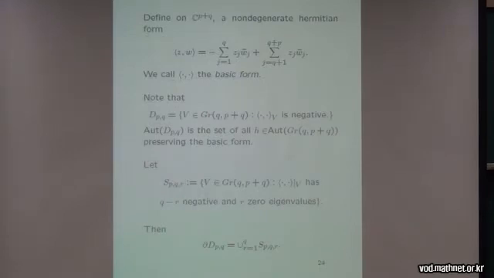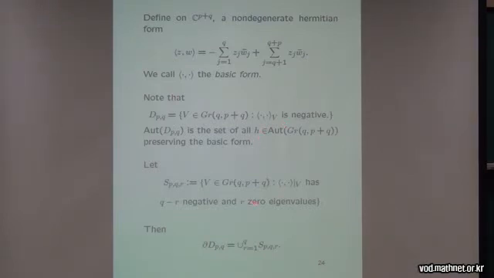Then we define an inner product. This is an inner product with different signature, so we call this the basic form. Then this domain is nothing but any q-dimensional vector space such that this inner product is negative.